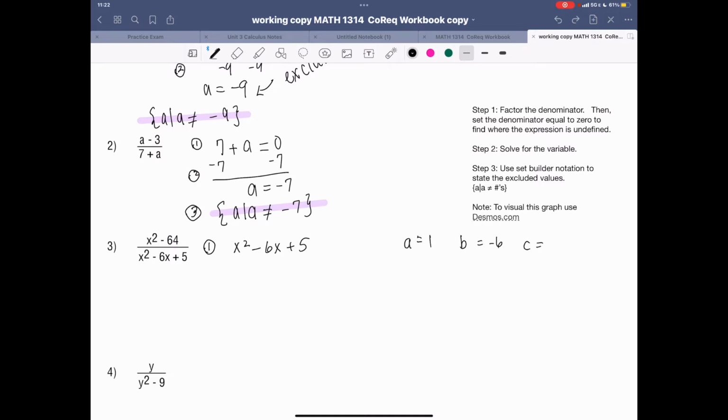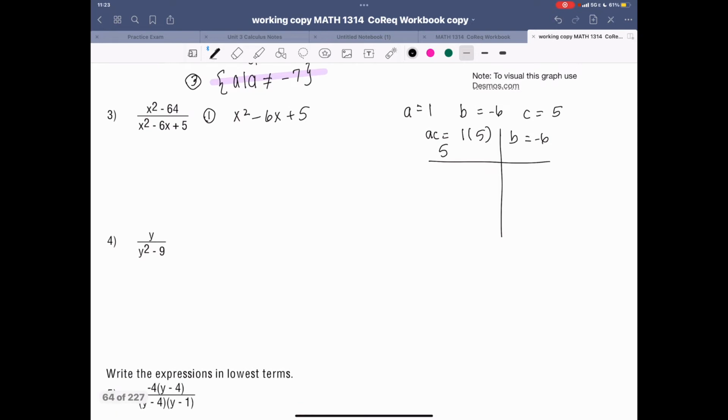A is going to be 1, b equals negative 6, and c equals 5. So I have a times c, and that's equal to 1 times 5, which is 5. And then we're trying to build b, which is going to be negative 6. So we want to talk about the factors of 5. So that's going to be 1 times 5. We know they both have to be negative because when we add them together, we get negative 6.